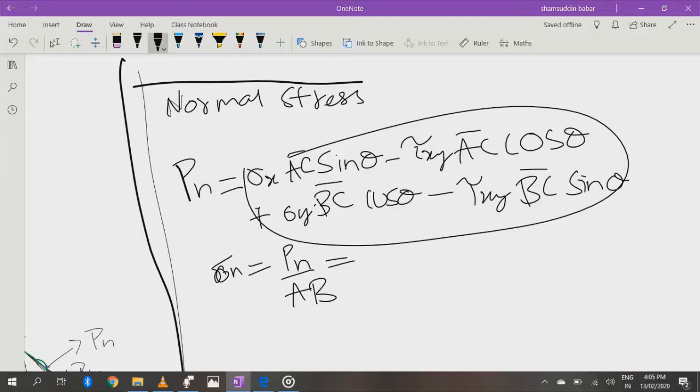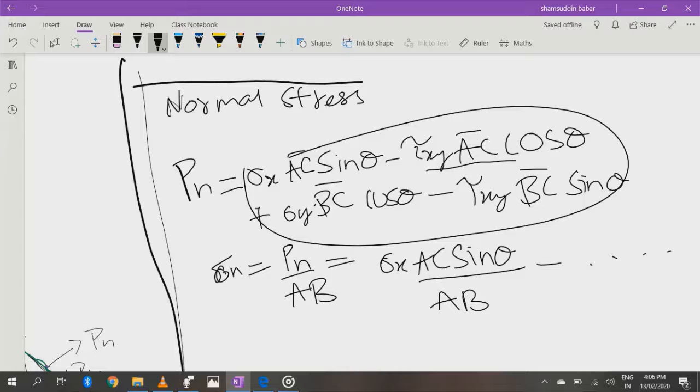For the first term, stress X AC sine theta divided by AB, likewise minus and so on, means all of these divided by AB.